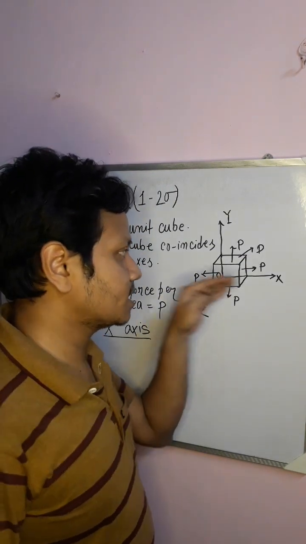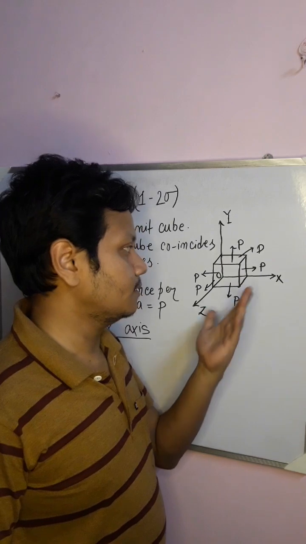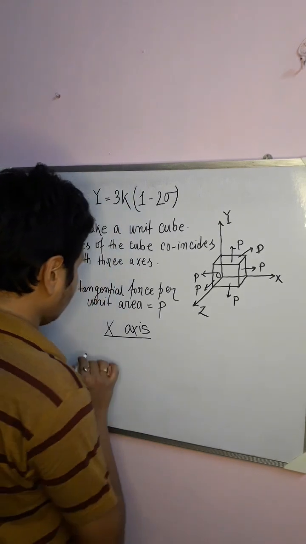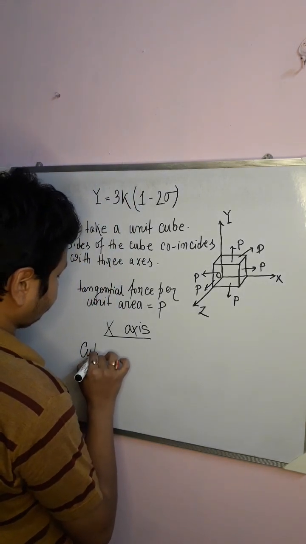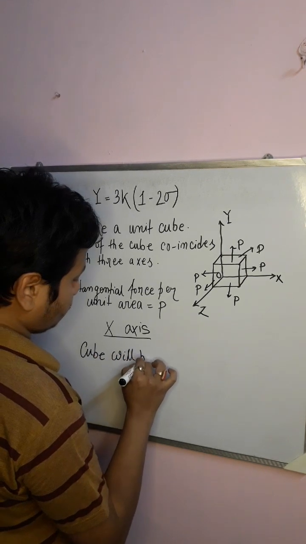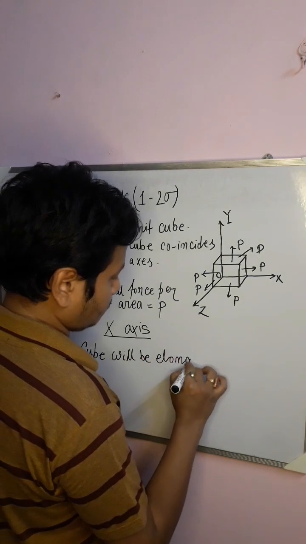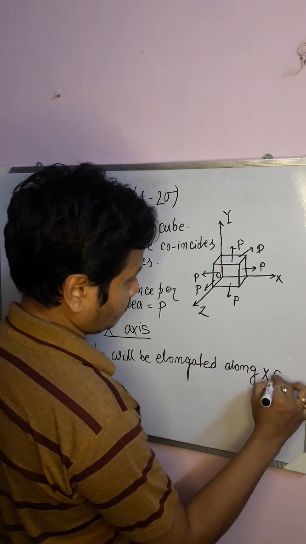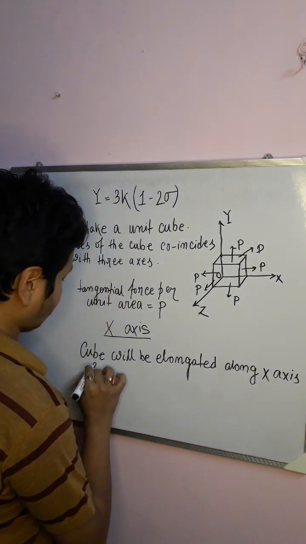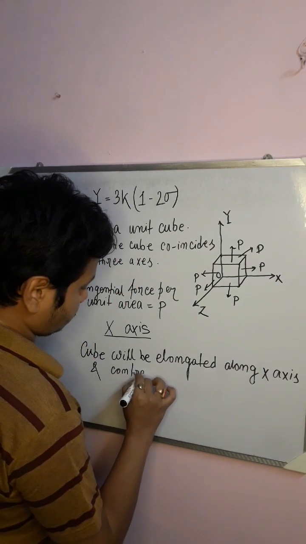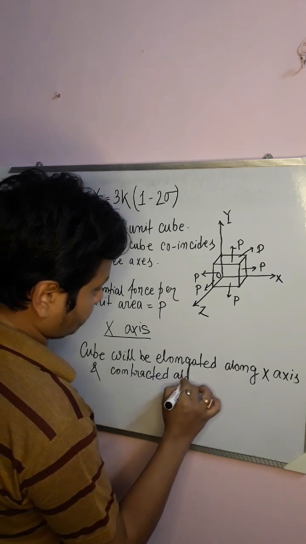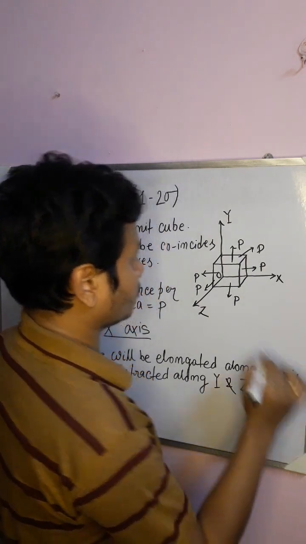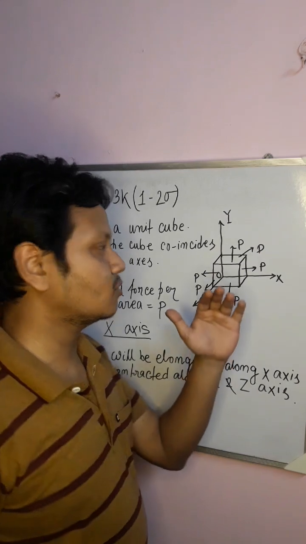That means under the application of the force along the x-axis, the cube will be elongated along the x-axis and contracted along the y and z axes. So the contraction along the y and z axes is lateral contraction.